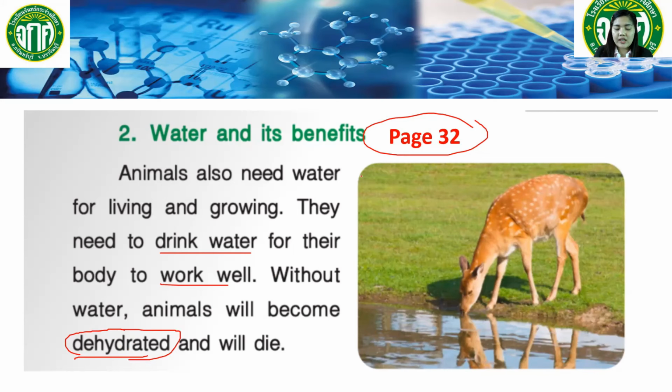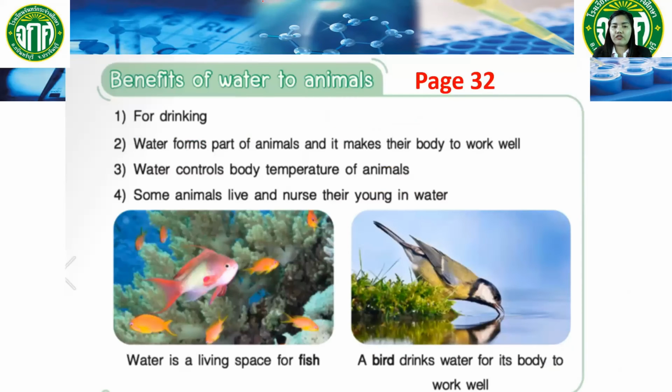So let's see the benefits of water to animals. Number 1, for drinking. Number 2, water forms part of animals and it makes their body work well. Number 3, water controls body temperature of animals.